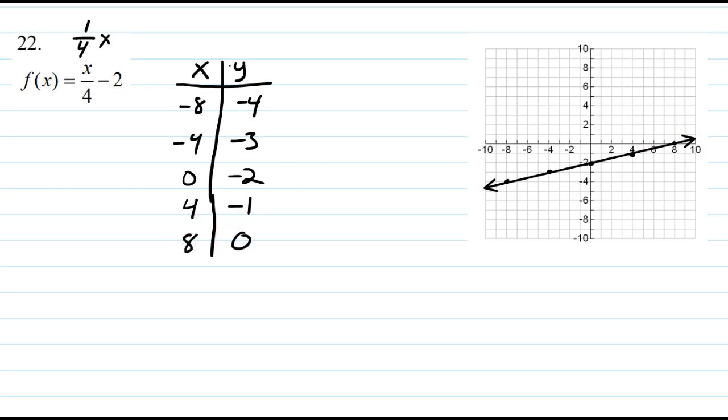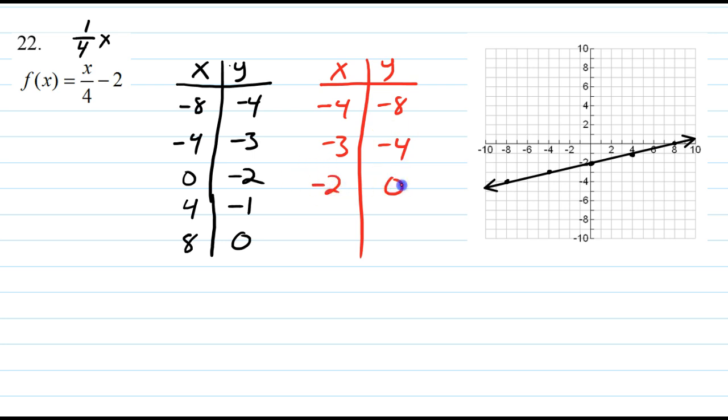So to find the inverse, we just switch them. So we get -4, -8, -3, -4, -2, 0, -1, 4, and 0, 8.